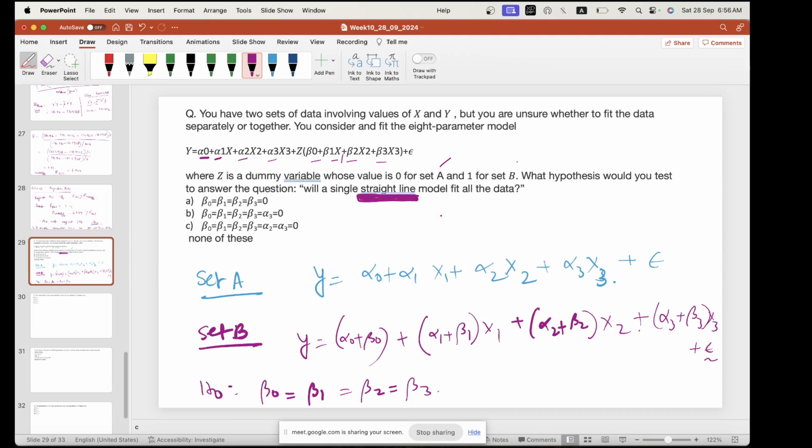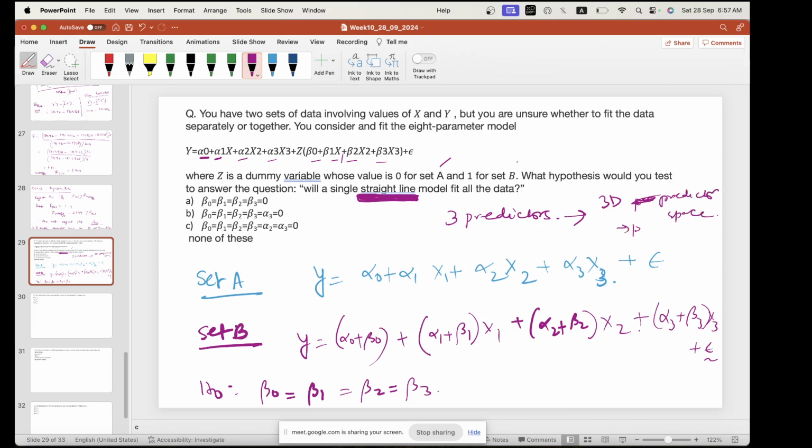Here we have three predictors, so we are talking about a 3D predictor space.